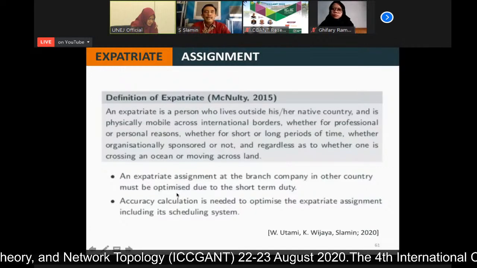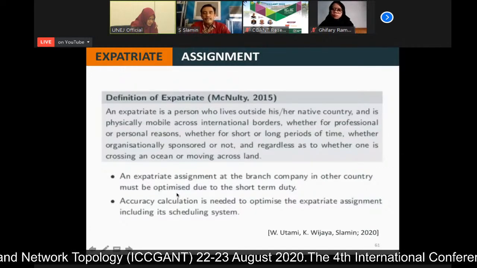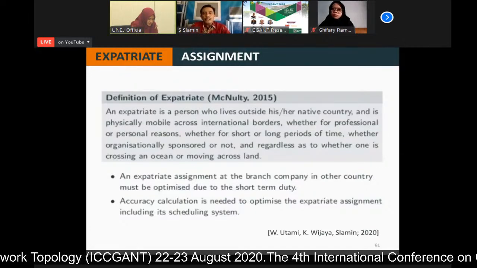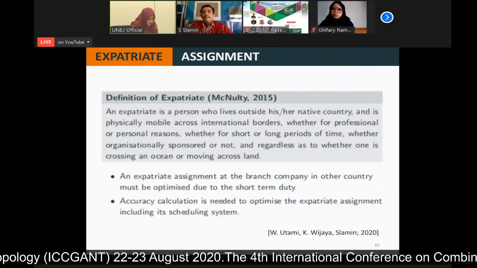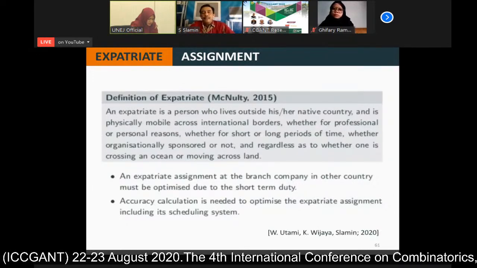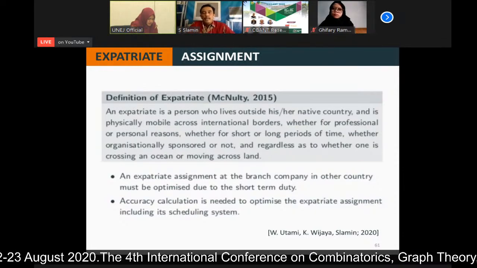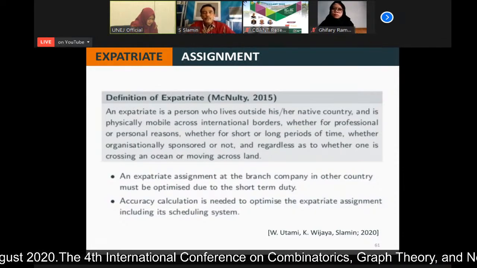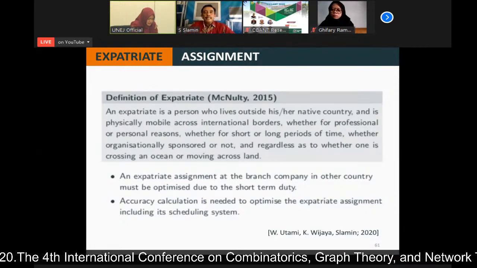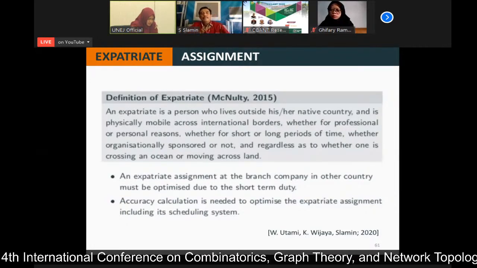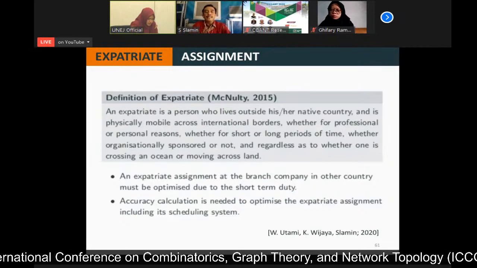Okay. Actually, this is our research. We use coloring, especially the local anti-magic labeling of graphs, to assign expatriates during their stay in Jember.